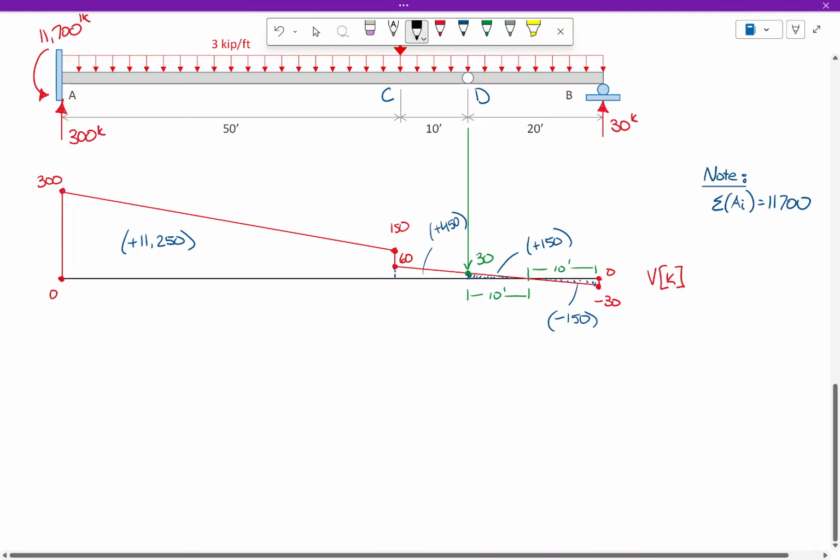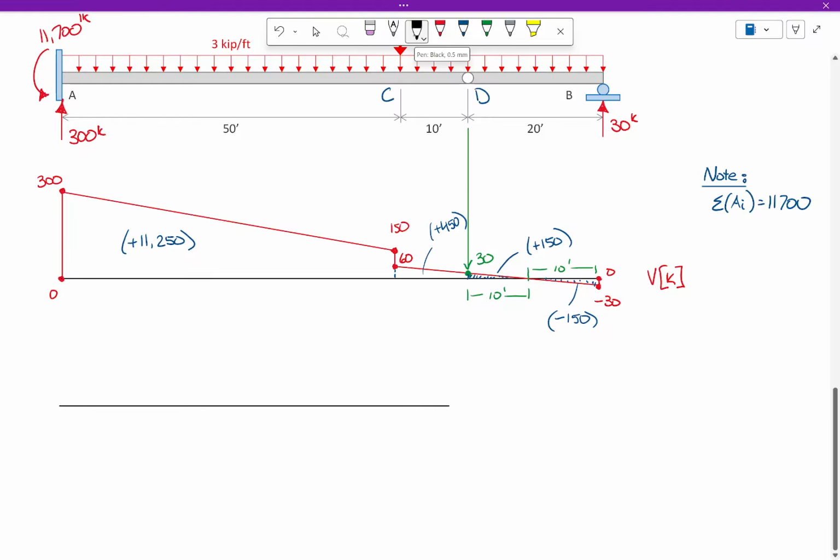So, this one's probably going to be way off scale, but the values will make sense. Okay, so we're going to start at 0. Negative 11,700.